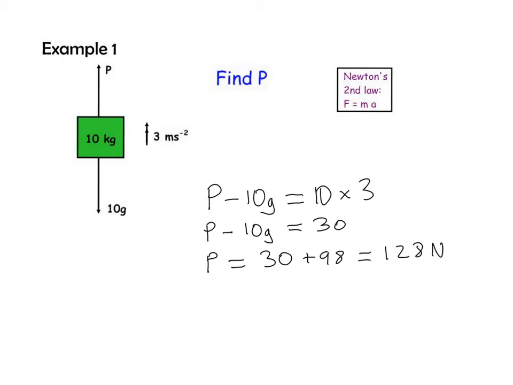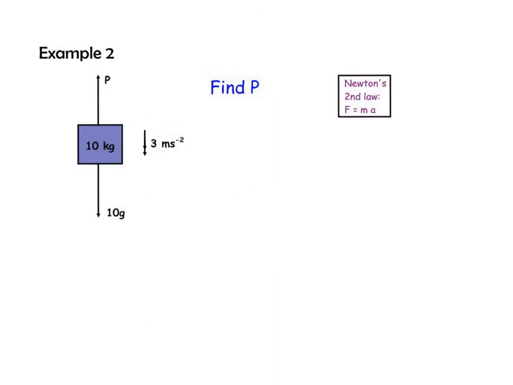So using Newton's second law, F equals ma, we've been able to work out the size of the force P. Another example, this time acceleration is in the downwards direction, so we'll take 10g to be positive, and we know that 10g take away this force P is equal to mass times acceleration.